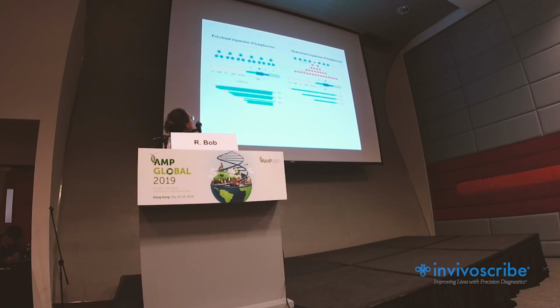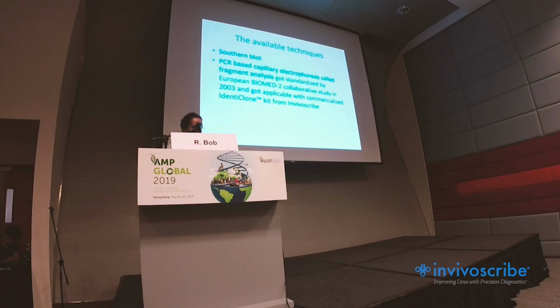If we have polyclonal expansion of lymphocytes, then we would have rearranged gene fragments with different sequences and different base pair lengths. And if we have monoclonal expansion, then we would have significant dominance of one special rearrangement with its individual sequence and also base pair length.